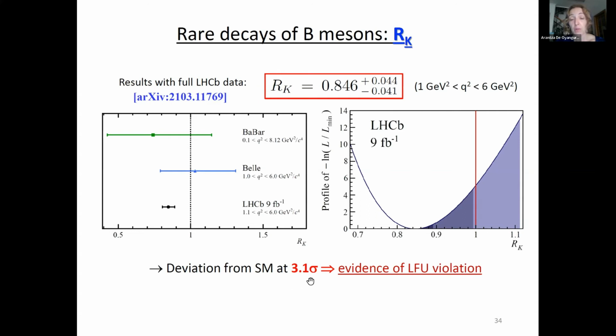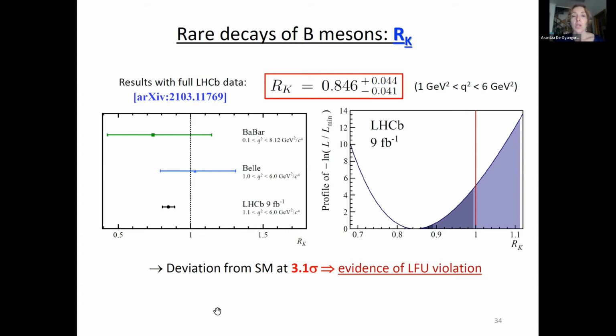This is evidence of lepton flavor universality violation. The BaBar and Belle experiments also did the measurement, but because it is a rare decay, the statistics were much smaller, so it is compatible with everything.